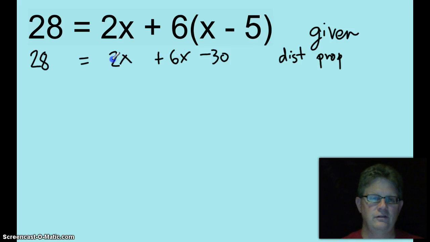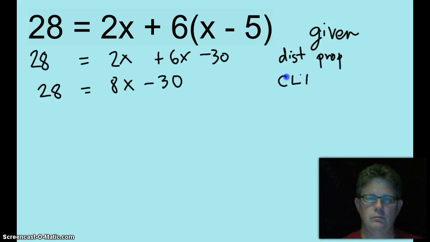Alright, we have x's on the same side here. 28 equals 8x minus 30. That would be combine like terms.